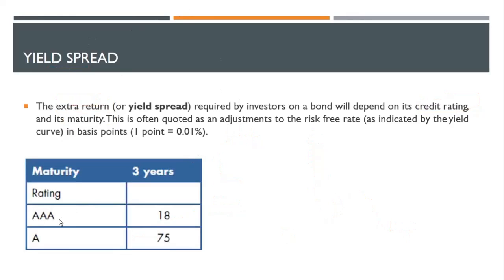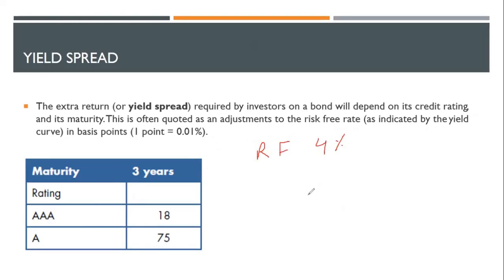So rating, for example, this is a company which has AAA and 3 years, and we say 18 points. What does that actually mean, 18 points? You always compare it with the risk-free rate. Say the risk-free rate is 4%.